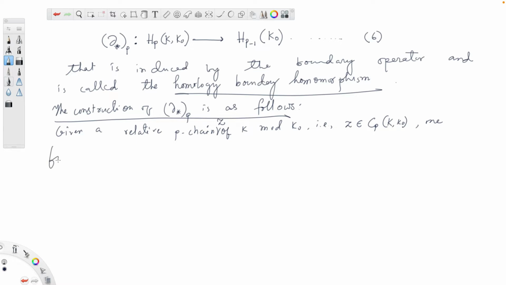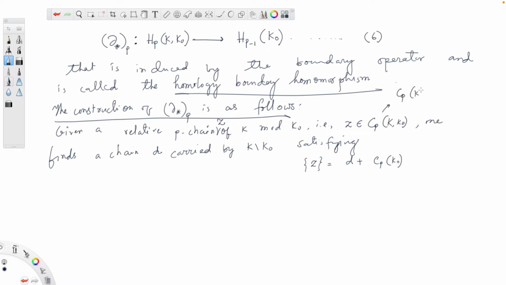one finds a chain D carried by K Z minus K0 satisfying: this is a class, meaning that it is a coset CP of K0, because this group is CP of K quotiented out by CP of K0.